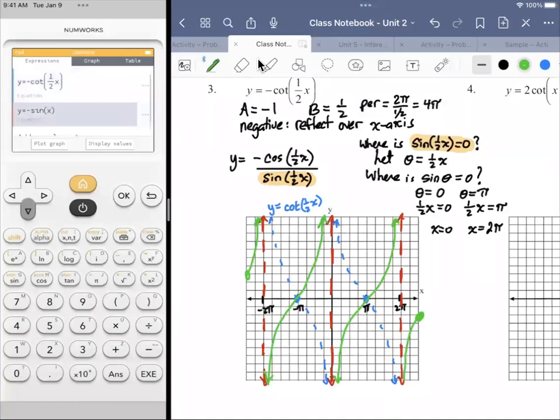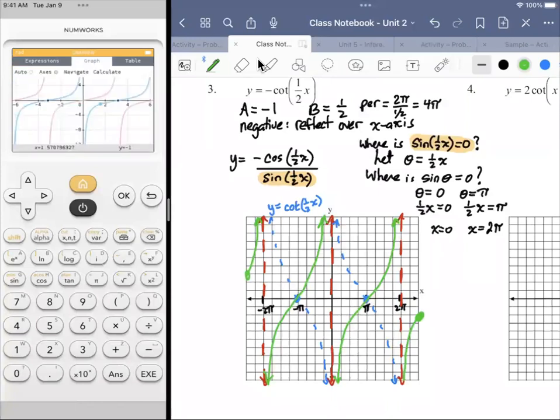And then just for giggles, I'm going to put in tangent 1/2 x. All right, so the cotangent should be that bluish color, the negative cotangent, and the other color would be tangent.